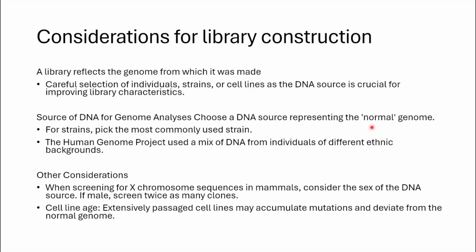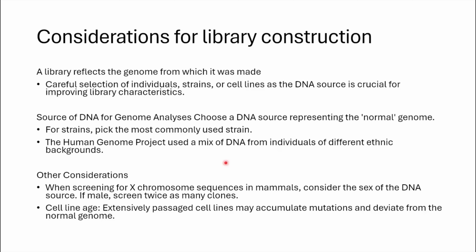Here I'm representing the normal genome, so I'm not saying that different ethnic backgrounds don't have a normal genome. What I mean is the sequence of the genome that is not really specific to one group or the other.